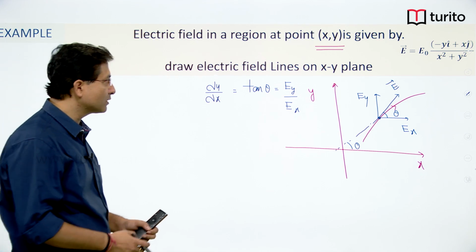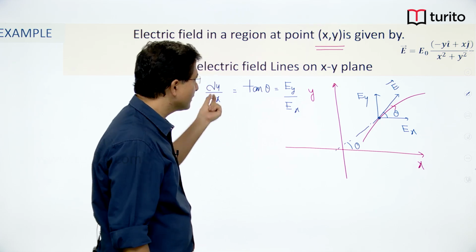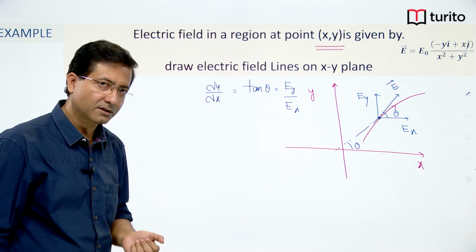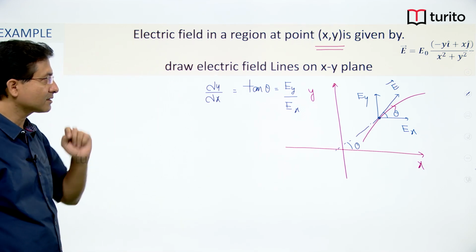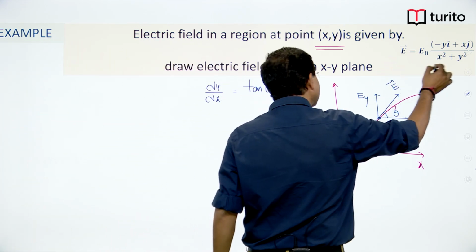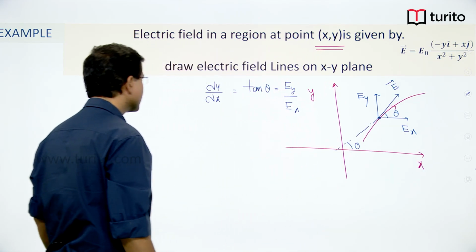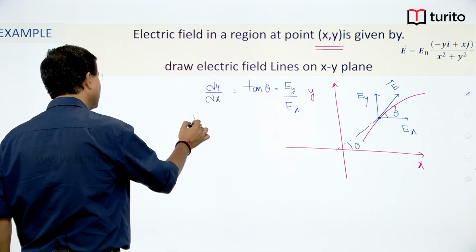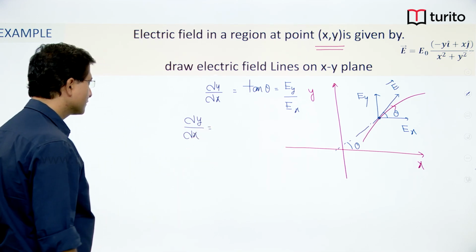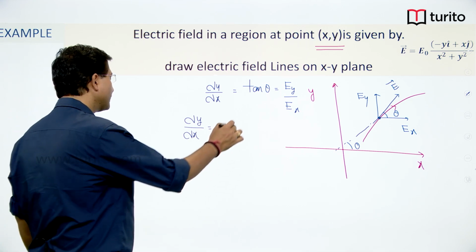So, if I substitute the values of the y component and x component and simplify this equation, then I will get the equation of the field lines, right. If I take this example where this is the y component, look at this one j, and this one is the x component i, right. So, if I simplify, dy by dx is equal to the y component.